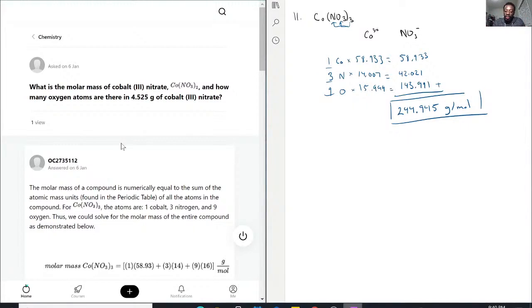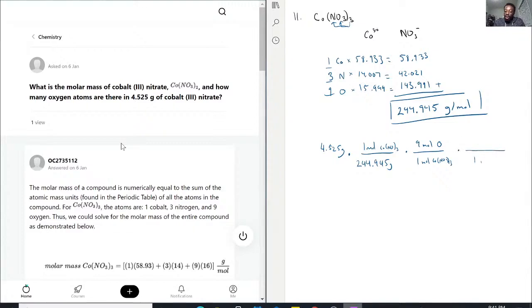So with that being said, we have 4.525 grams. And we want to convert it to moles. So we're going to have to do this: 244.945 grams per every 1 mole of the cobalt nitrate. And now for every 1 mole of cobalt nitrate, we have 9 moles of oxygen, as it shows here, 9 of O. And now this is where we factor in Avogadro's number.